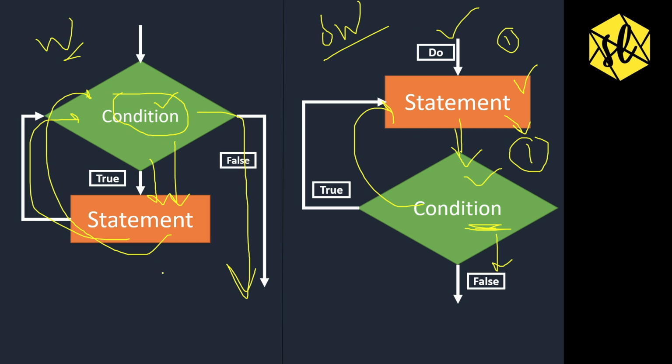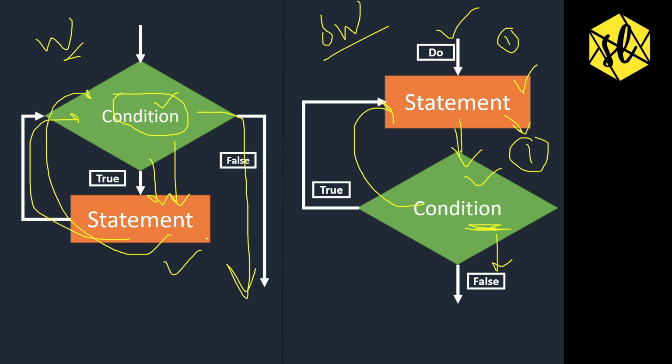But in the while loop, or you can say in for loop, the statement cannot be executed if the condition is false by default. So the minimum number of executions possible in while loop and for loop is 0, but in do while it is not 0, rather it is 1. This is a basic difference between while and do while.